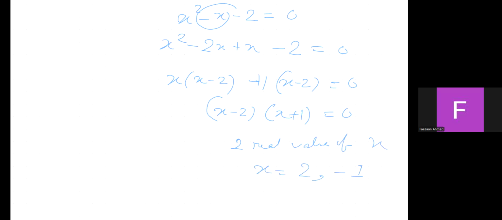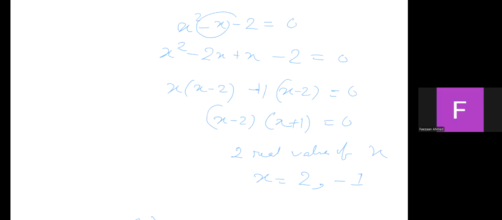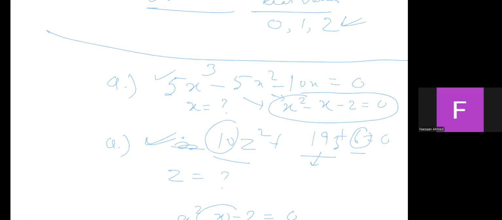So this is how you can use, at times, your common sense and do the questions. I've just done what I did in the previous questions, and I was able to solve for the values of x. In the original form, it is 5x cube actually. This is actually cubic.